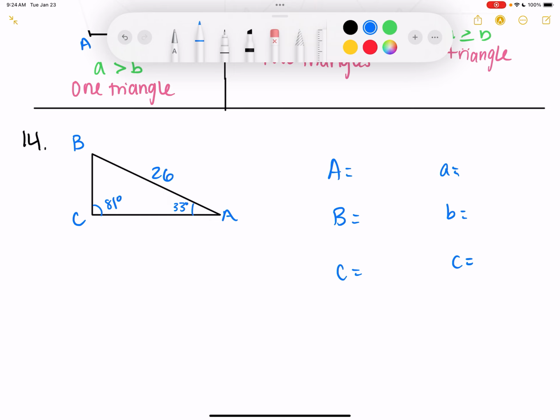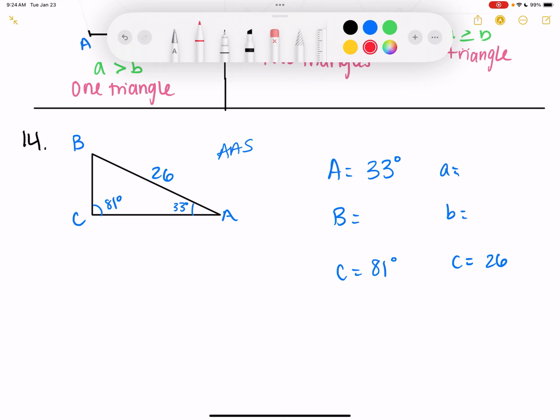So, which scenario do I have here? This is angle, side. So, I need to solve for the other pieces. So, what can I solve for first?